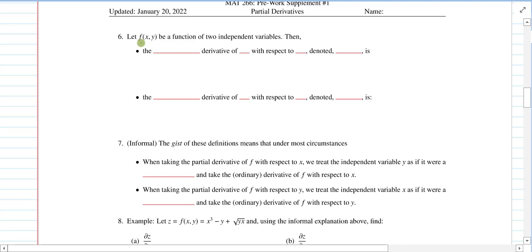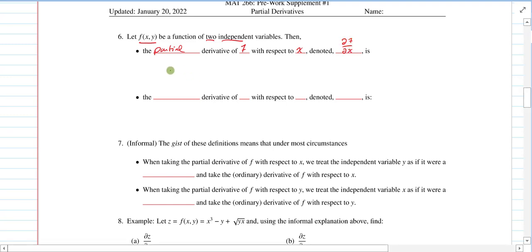So if we've got this multivariable function f, in this case we would say that f is a function of both x and y. We've got these two independent variables, x and y here. Then if we wanted to talk about the partial derivative of f with respect to, let's pick the first variable, x, we're going to denote it partial f, partial x.